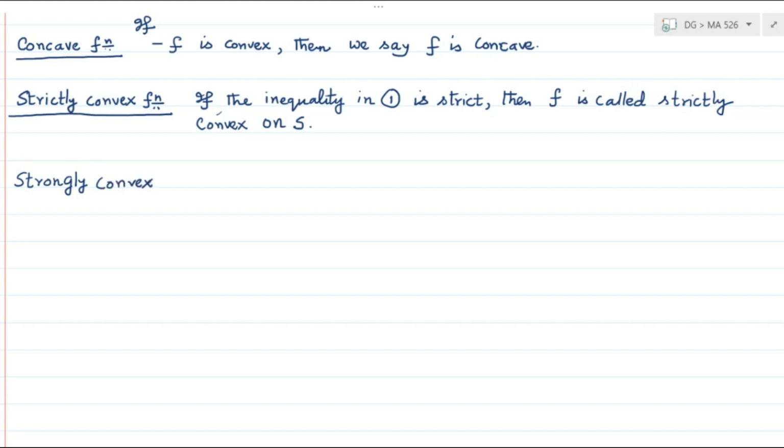Let me define what we mean by a strongly convex function.